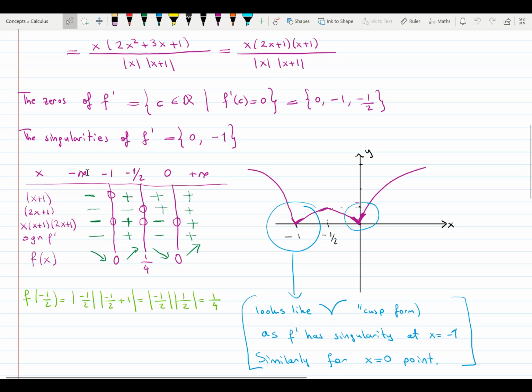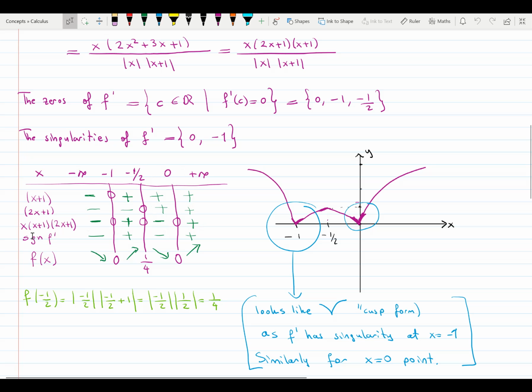Then if you multiply these three, you have negative, negative, negative, so negative. Then negative, negative, positive gives us positive. Then negative, positive, positive gives us negative. Then positive, positive, positive gives us positive.